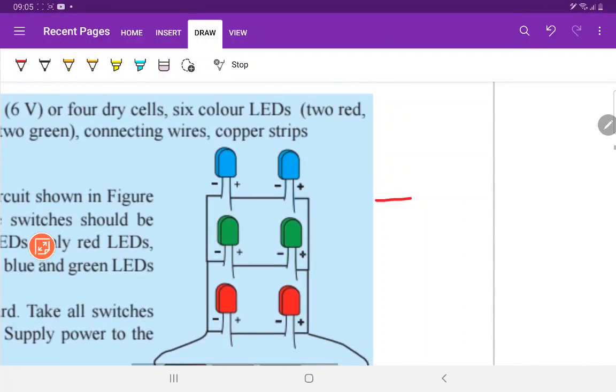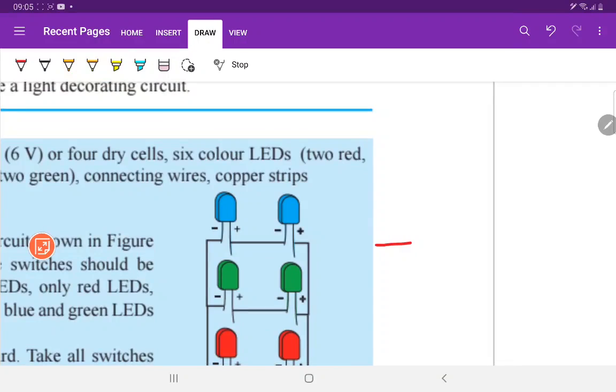So do you know the circuit symbol for the LED? The LED circuit symbol is like this. This is the symbol for the diode. This is the symbol for the LED, light emitting diode.